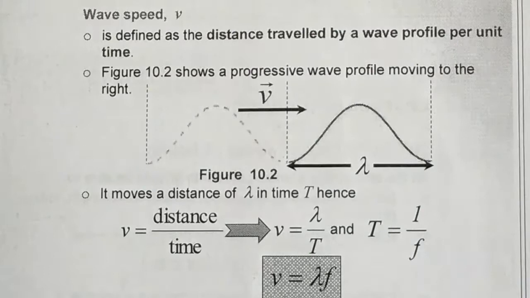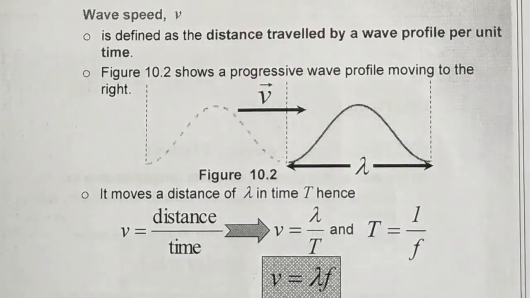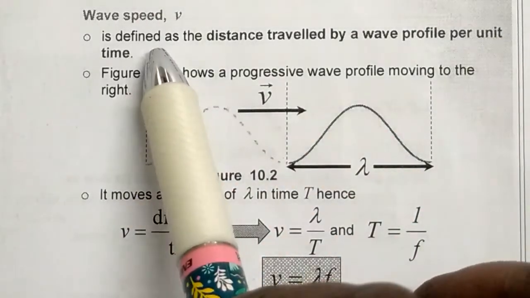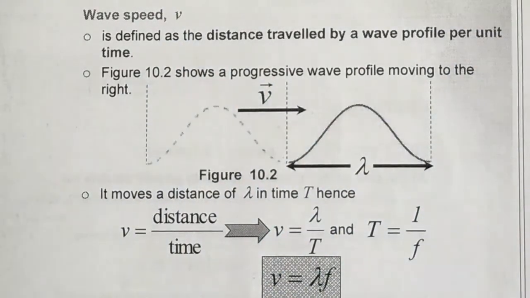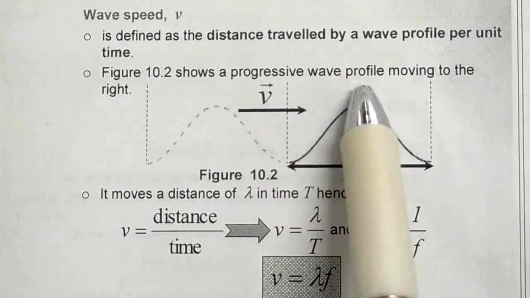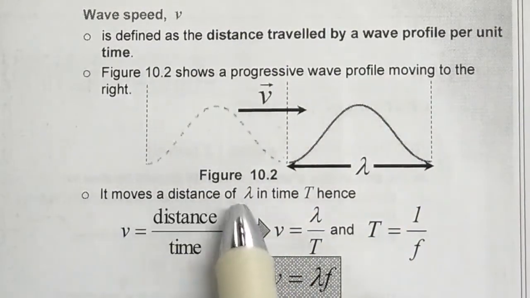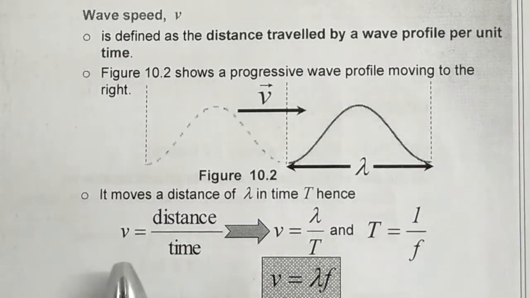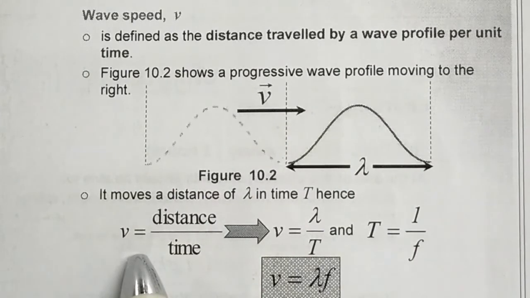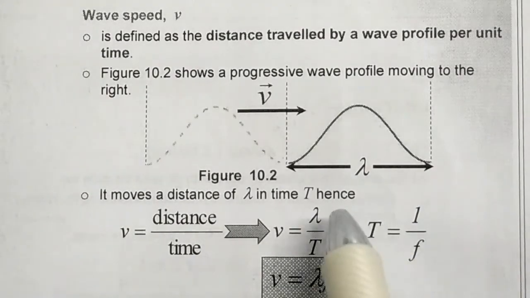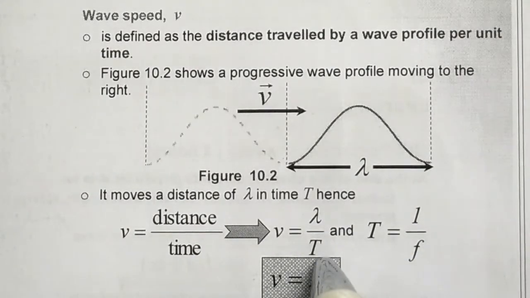Wave speed is defined as the distance travelled by a wave profile per unit time. So now you can see how a progressive wave profile moves a distance of lambda in time T. So the speed of the wave v equals distance over time, which is lambda over time.